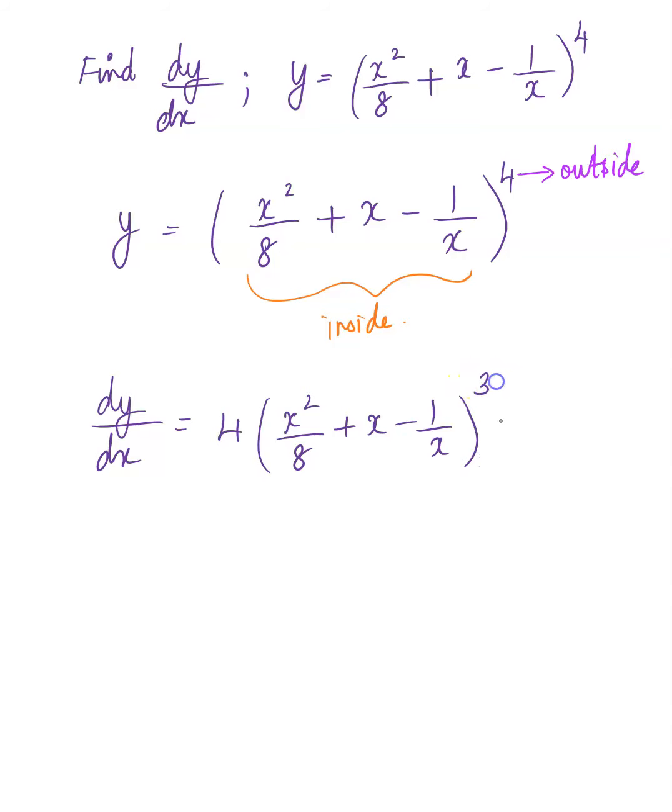Four minus 1, 3, times the inside, and for the inside it will be just the x, right? So focus on the x, it's only the inside here, this orange part. That's going to be 2x over 8 plus 1 minus, this is going to be considered as x power negative 1. Right? So negative 1 x power negative 2.